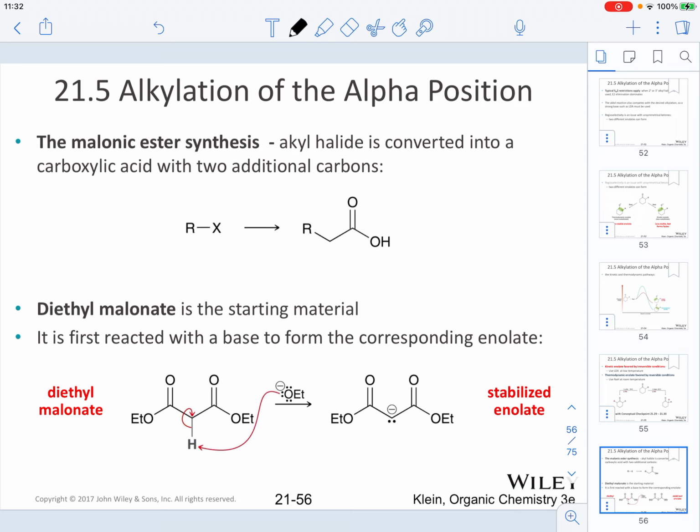What's going to happen is that diethyl malonate is first going to be deprotonated, and as you can see, we're going to use the alkoxide that matches the OR groups in our ester. This is going to be a stabilized enolate because it is in the middle of two carbonyl groups.